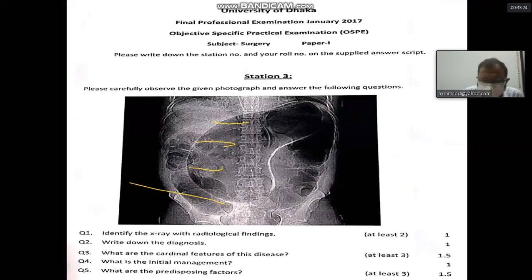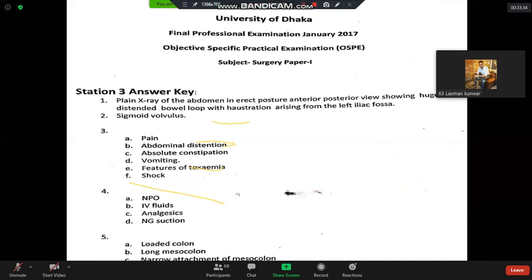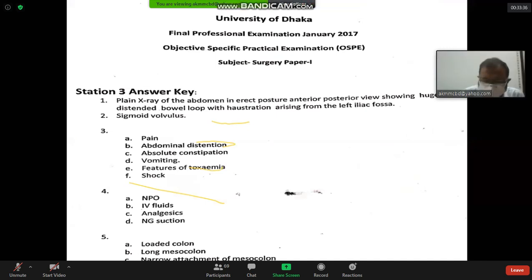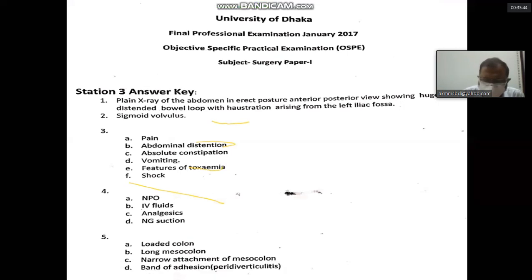Then abdominal distension. Then constipation, vomiting. Absolute constipation. You have to say this one. There will be absolute constipation, and features of toxemia and shock.